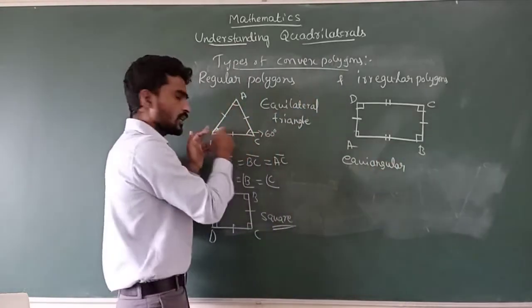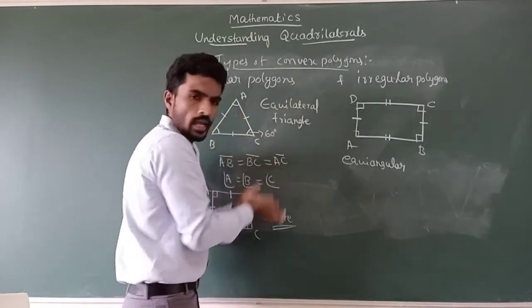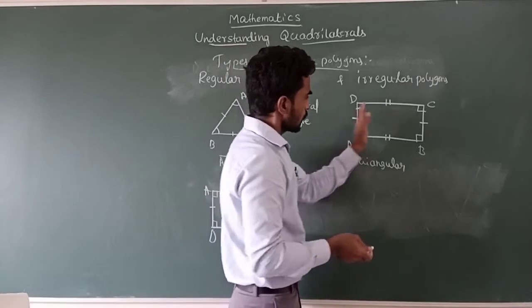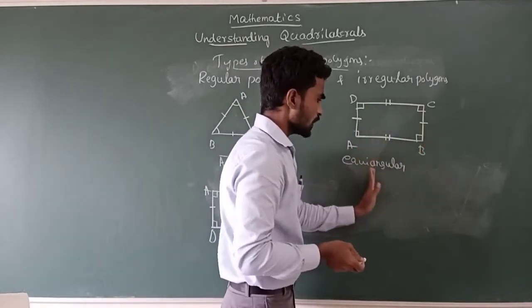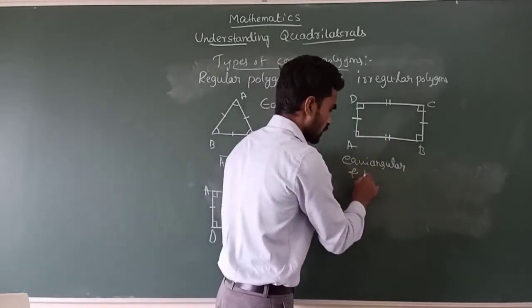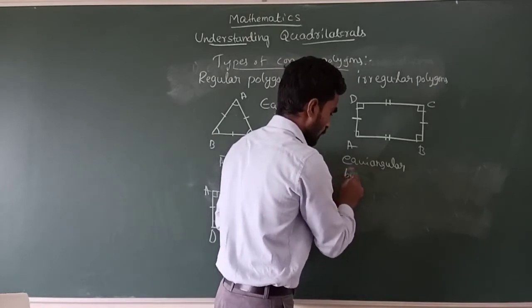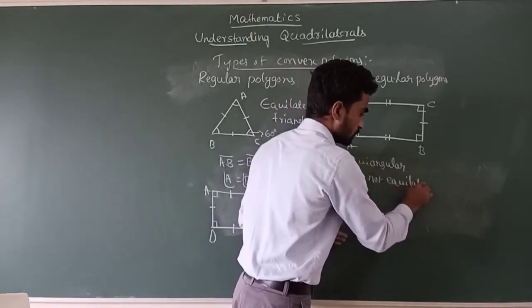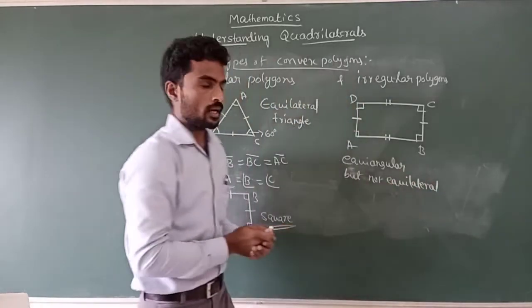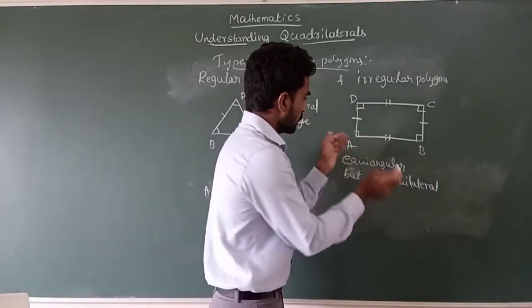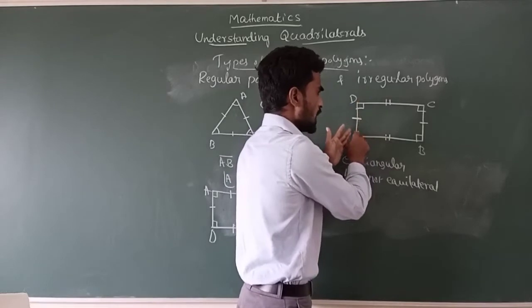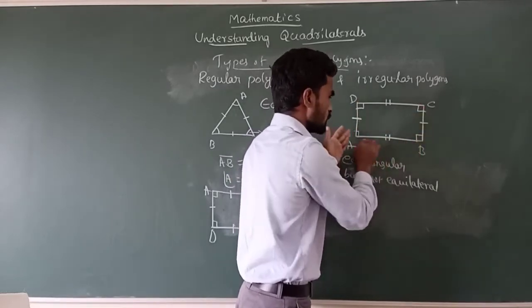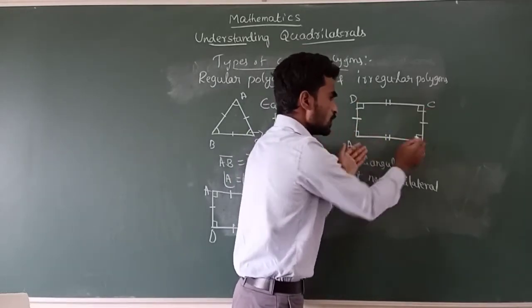If all sides are equal, it is equilateral. But here this ABCD is equiangular, but not equilateral. Here AD is equal to BC, but BC is not equal to AB.